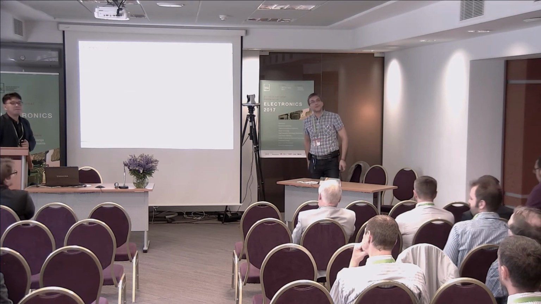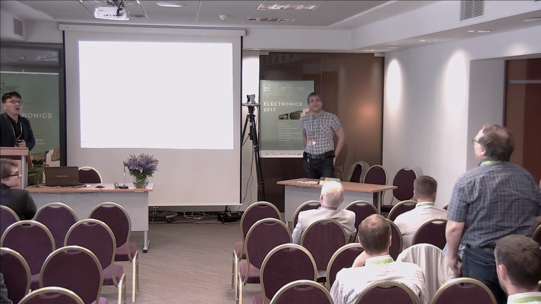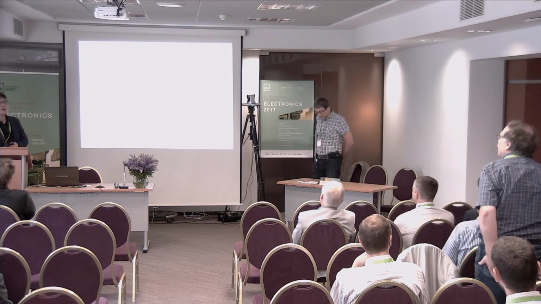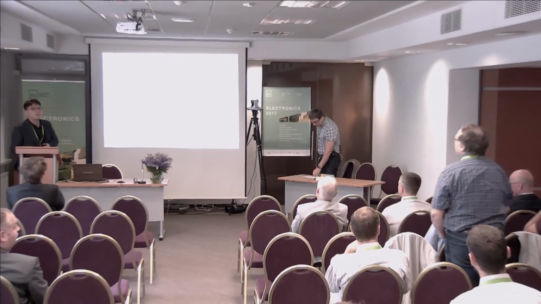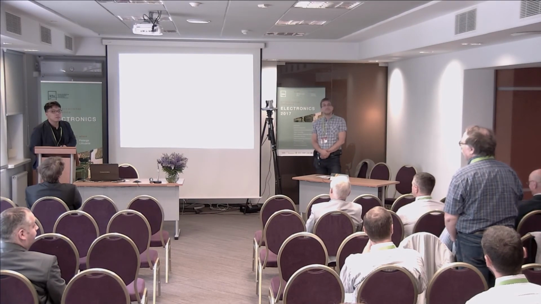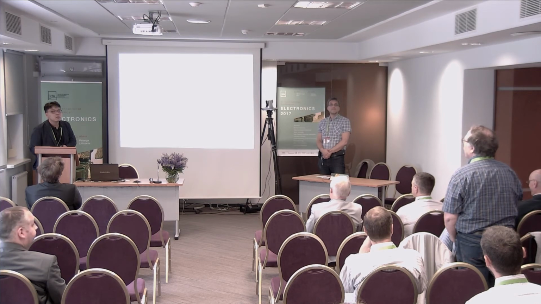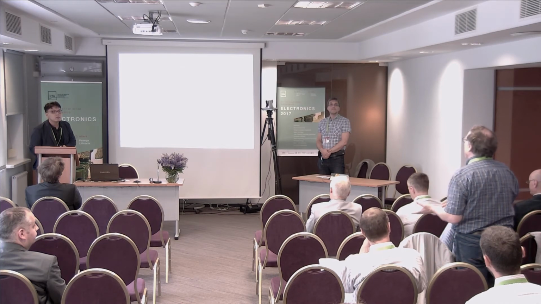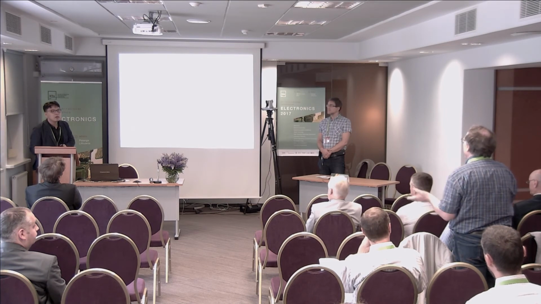Jan, you have questions? Yeah, I have a second question about the Fourier transform. You used the conventional Fourier transform, but have you considered different ways like the chirp transform? You can use it instead of multiplying by sine and cosine. You can just multiply the signal by a chirp, and it is more efficient.